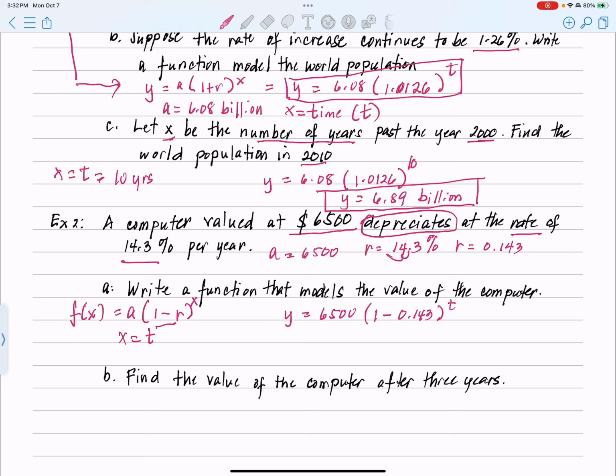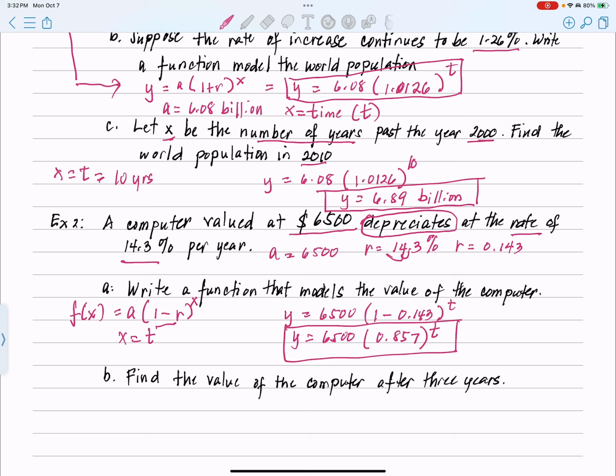Simplify: 6,500 times 1 minus 0.143, that is 0.857, to the power of t. This is the model.